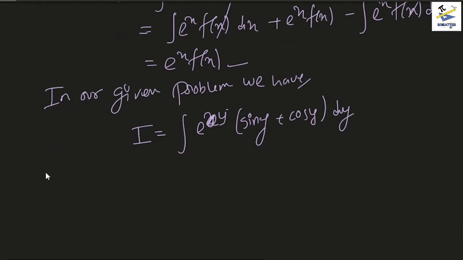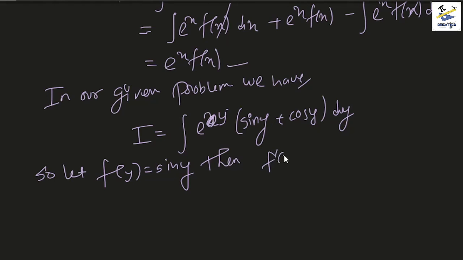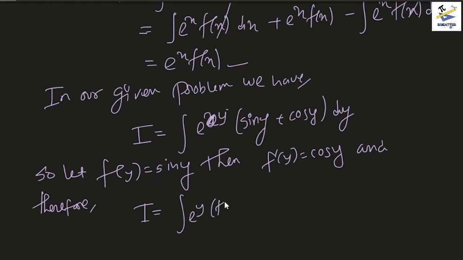So let f of y equals to sine of y, then f dashed y would be equals to cosine of y, and therefore I equals to e to the power y into f of y, which is sine of y, and cos y is the derivative, so f dashed y, right?